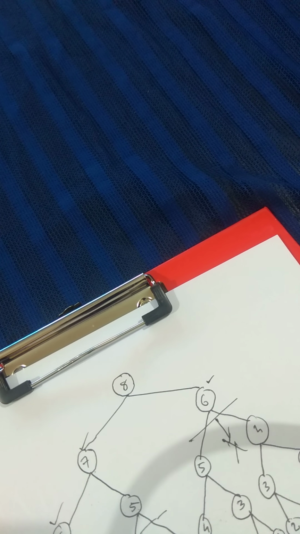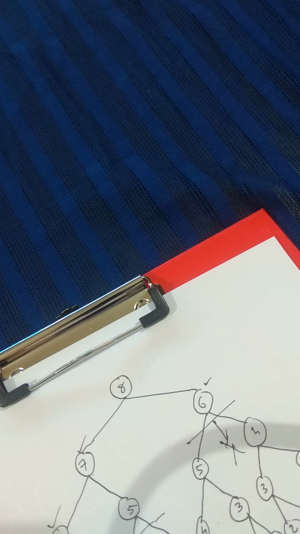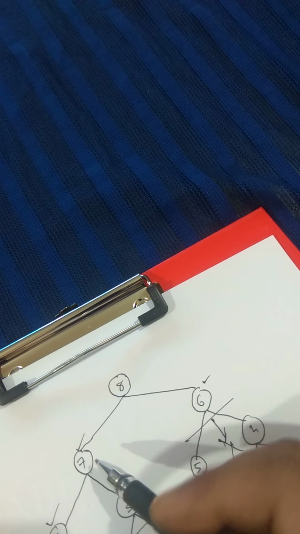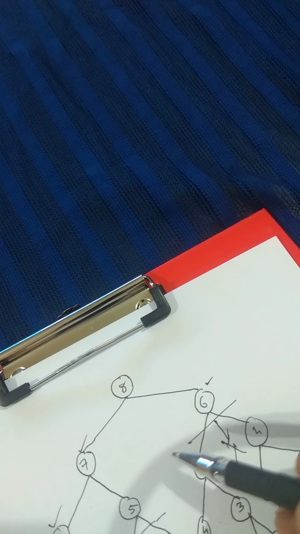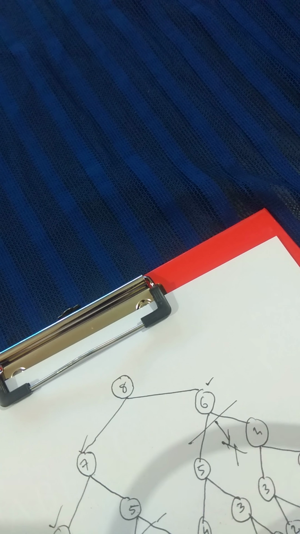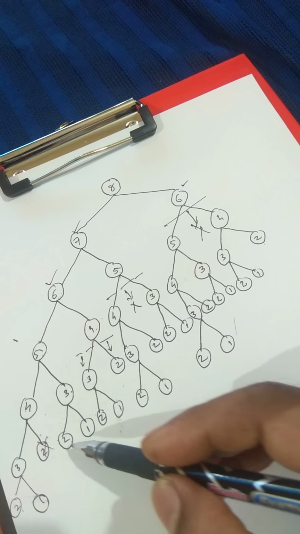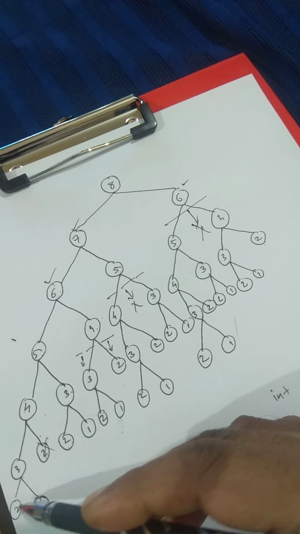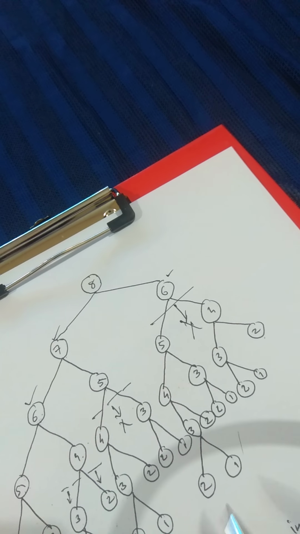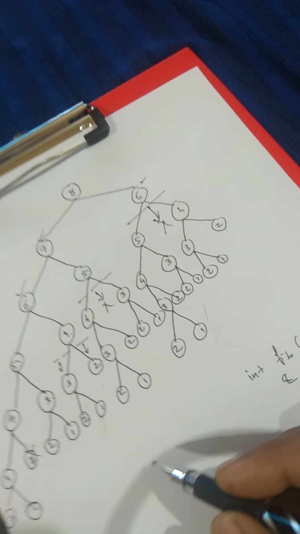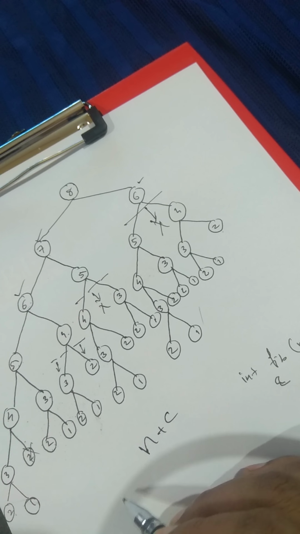So how many nodes have we actually visited? 1, 2, 3, 4, 5, 6, 7, 8, 9, 10, 11, 12, 13, 14. Nearly 14 nodes. That means we have visited some n plus c nodes.